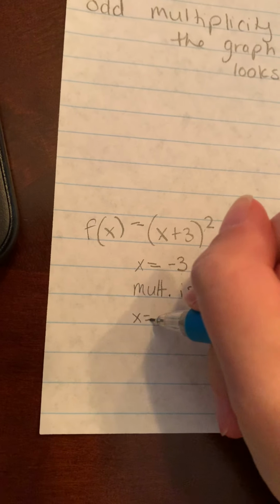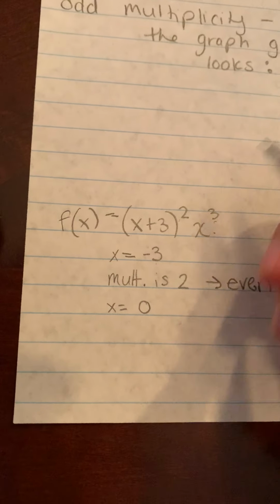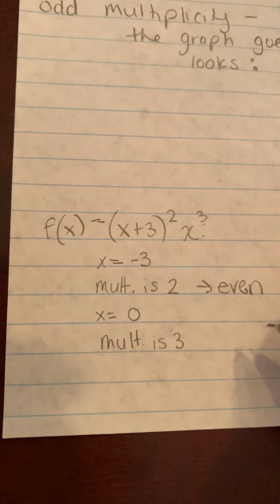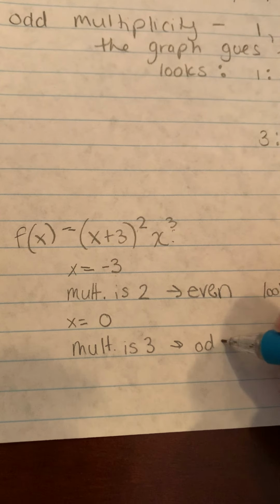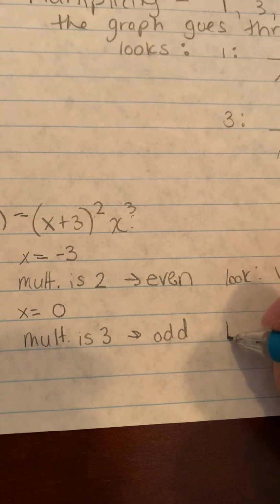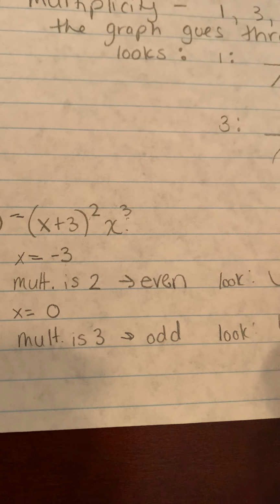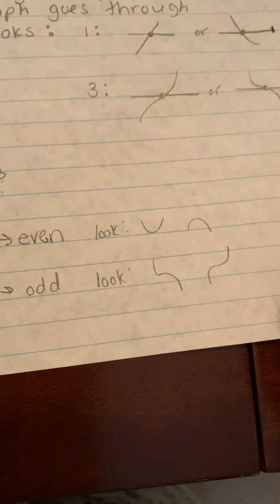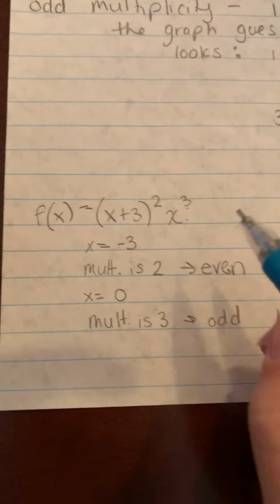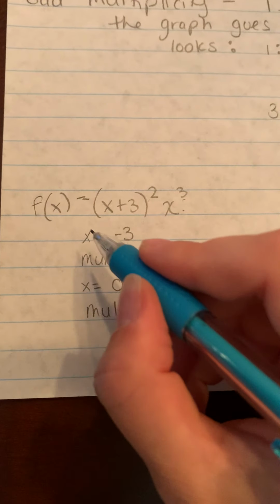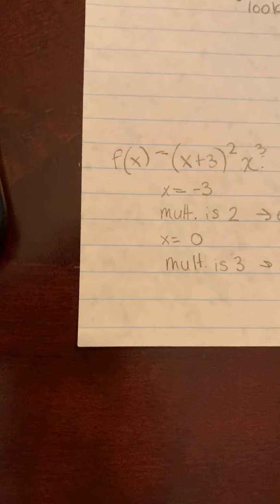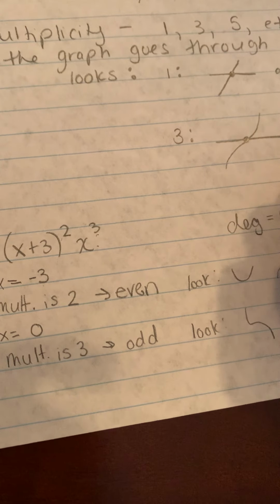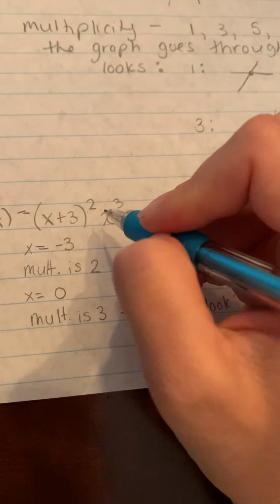Our other root will be x equals 0, and it has a multiplicity of 3. So that is odd. And remember, if it's odd, it's going to go right through. So it's either going to come down and through or come up and through. Now let's look at this all together. If I was to FOIL this all through, this would have a total degree of 5, because 2 plus 3 makes 5, and it's positive.